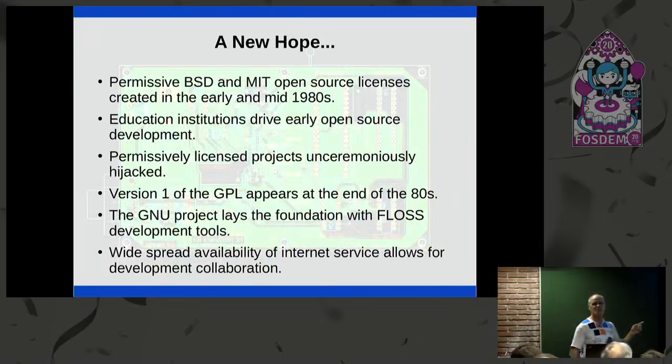Most of this was done at the university level. Most of the open source software was done by educators and their staff. But because of the permissiveness of these licenses, there were a couple of big projects during this period that come to mind: BSD sockets and Kerberos.